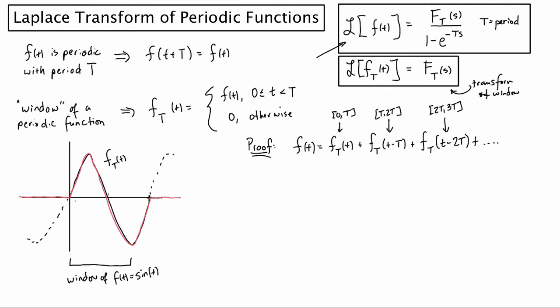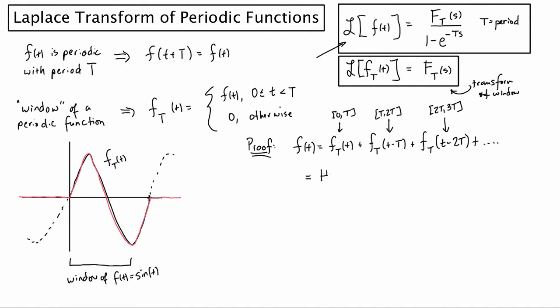Because these functions are 0 outside of their window, because each of these is a window, adding in the Heaviside functions at each step shouldn't affect the value here.